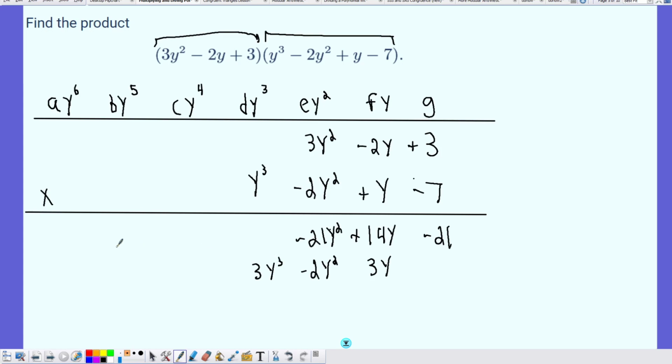Now, multiply out the next one. So, negative 2y squared times 3, well, that becomes a negative 6y squared. So I'm going to go straight to the y squared column and do negative 6y squared. Negative 2y squared times negative 2y is positive 4y to the third.